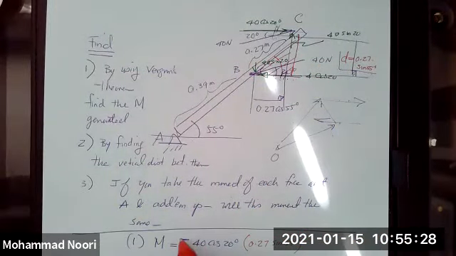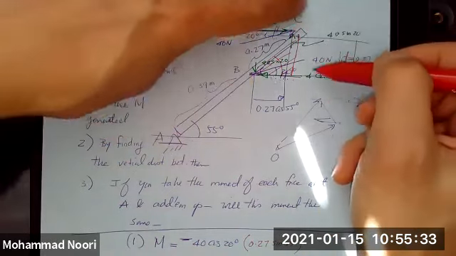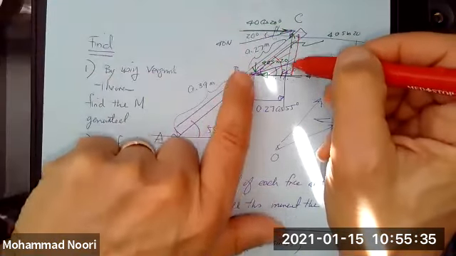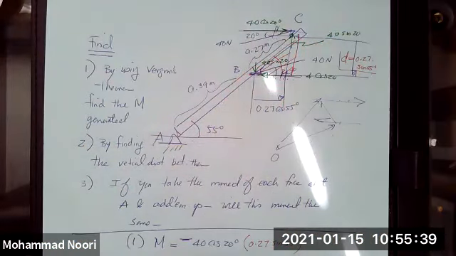So the moment of the first would be negative, clockwise. But these two generate a moment that would be positive, counterclockwise. So it would be adding 40 sine of 20 times 0.27 cosine of 55.